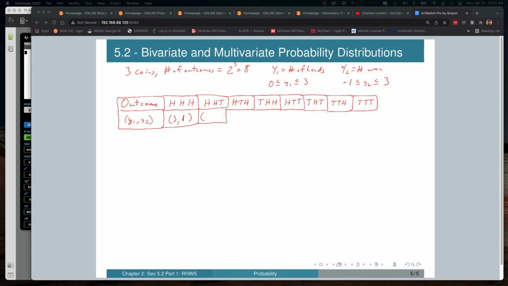This next one, a head was tossed on the first one, but there were only 2 heads in the group. The next one, there were 2 heads in the group as well, but we still earned only $1. In this case, our head came on the first one again, so we got $1, right? This fourth choice here is tails, heads, heads. We do have 2 heads, but the first head got flipped on the second toss, which means we earned $2.